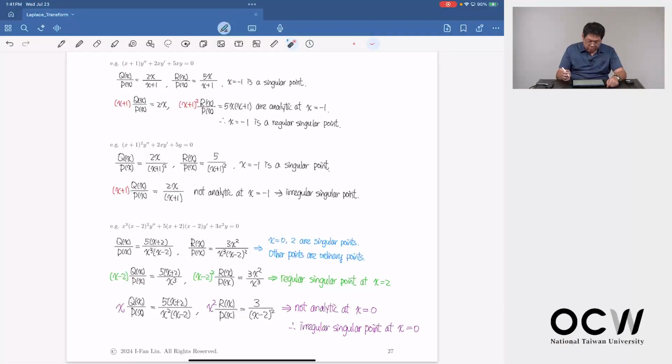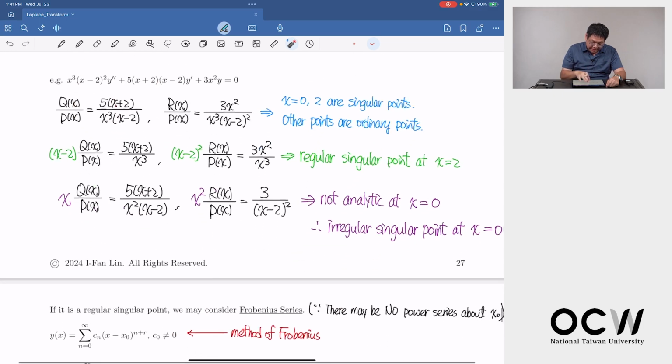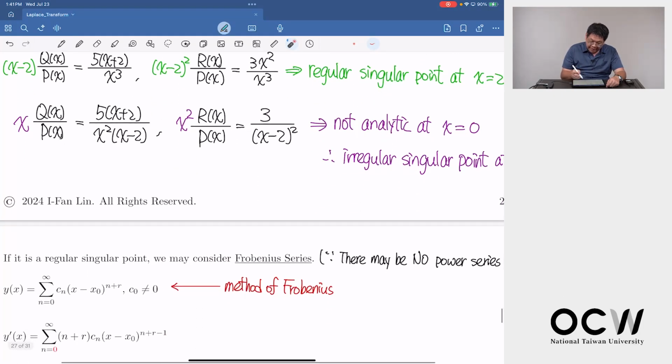All right, so now what happens if x is a regular singular point or irregular singular point? Because overall, we would like to find the solution of the ordinary differential equation. If x is a regular singular point, we can also try to find the solution.